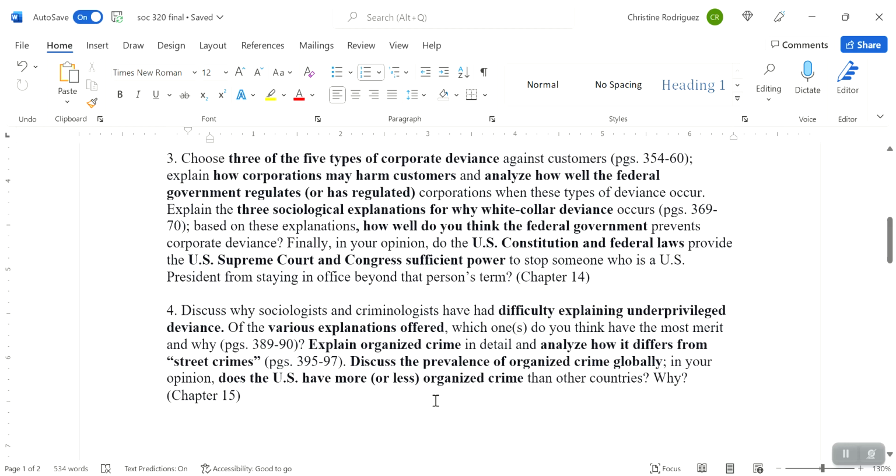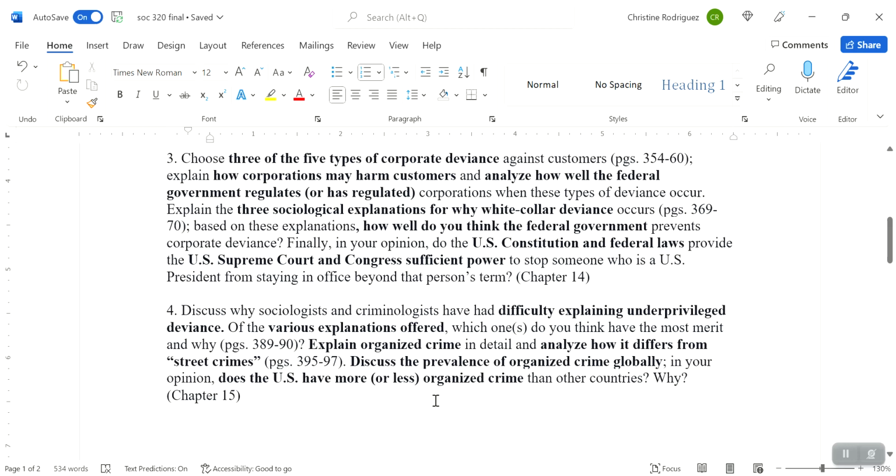Okay, so some pages to look through here, with some description in the text about why sometimes it's not easy to agree on how or why underprivileged deviance, or what we call, quote, street crime occurs. And of those explanations that are offered, which one, or maybe you think it's more than one, do you think have the most merit and why? Which one seems to be the best answer? Which one seems to make the most sense is what that means. And then, of course, explain why.